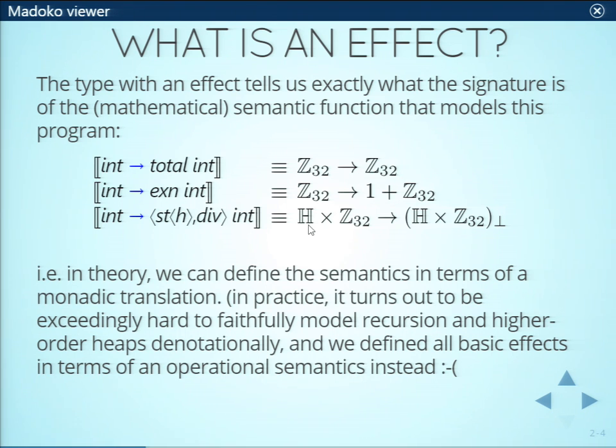If it says total, it's really total, and if it says I only have an exception effect, then it should only have an exception effect. And the idea is that if you look at the type of a function, you can translate it to the type of a mathematical function that would model this program. It's denotational semantics. And then you can see that what I'm doing here is like a monadic translation, right?